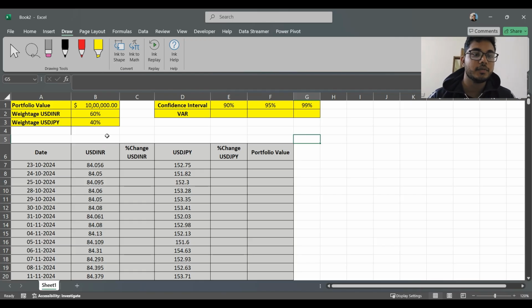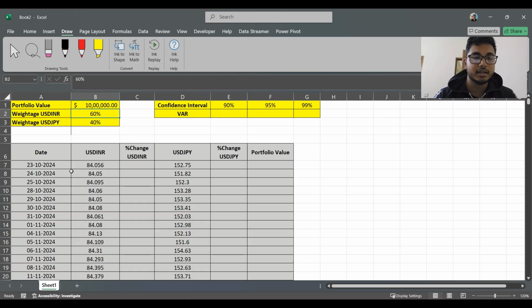So in this portfolio we have a portfolio value of US dollar 1 million. It consists of two currencies: USD INR and USD JPY. INR consists of 60% of this portfolio, and JPY consists of 40% of this portfolio. And we are going to calculate three VARs: 90%, 95%, and 99% VARs.